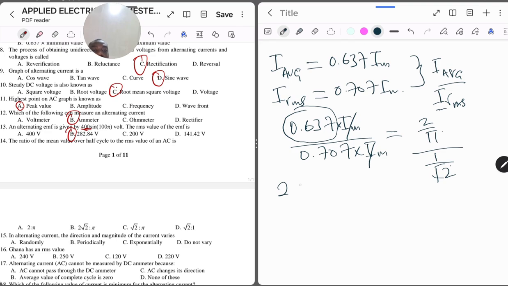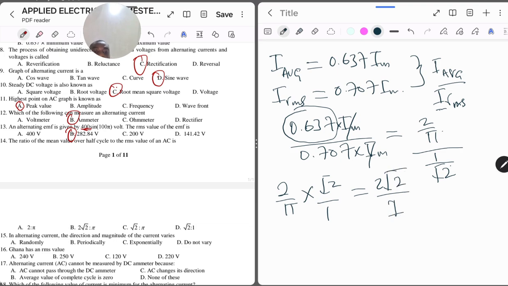So this becomes 2 over pi times, you bring this up, root 2 over 1. You take the reciprocal. So this is mathematics. You end up getting 2 times square root of 2 to 1.